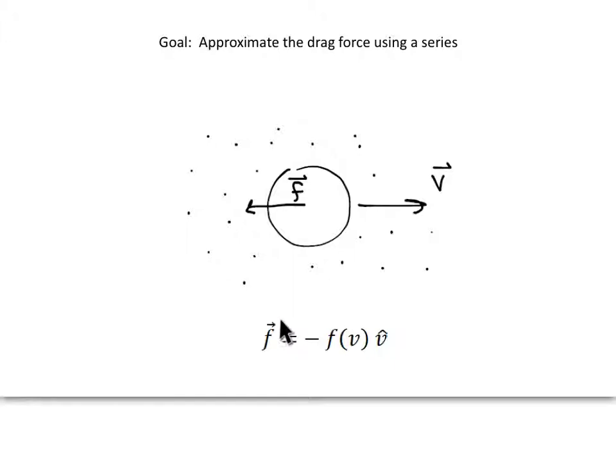Mathematically, we can write the drag force as just being equal to the minus of f of v times v hat, where this v hat is a unit vector that points in the direction of the velocity. V hat is just given by the velocity vector divided by the speed.